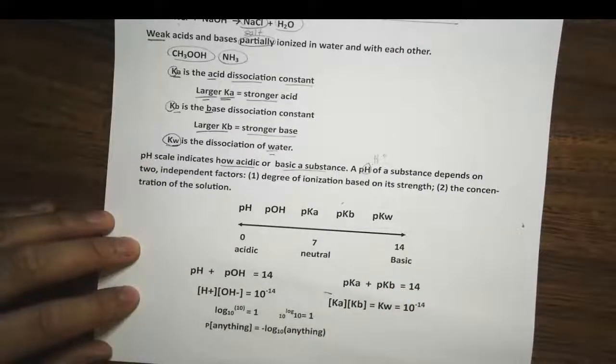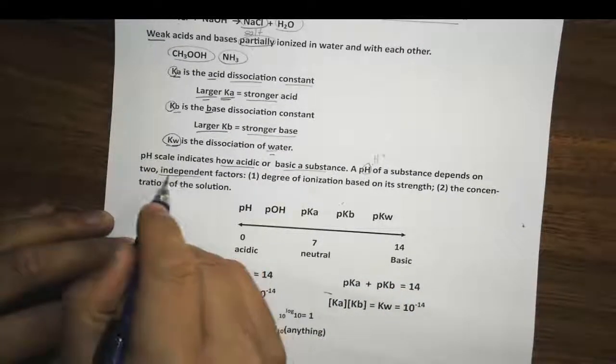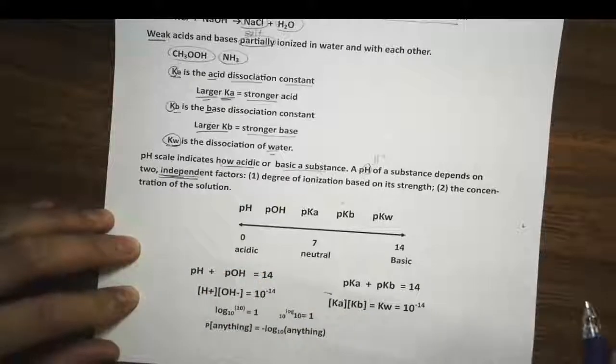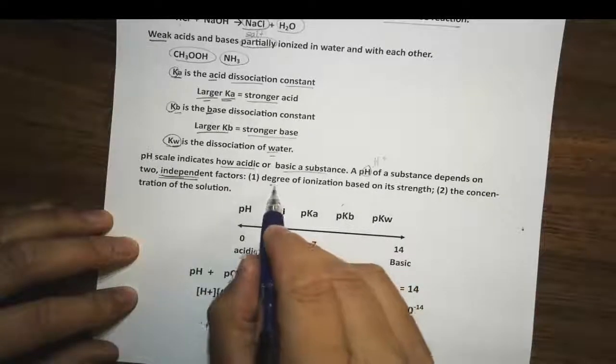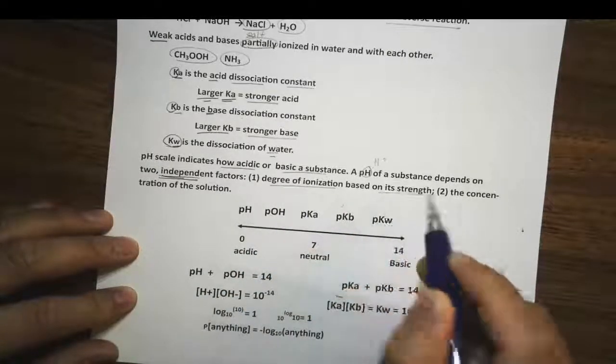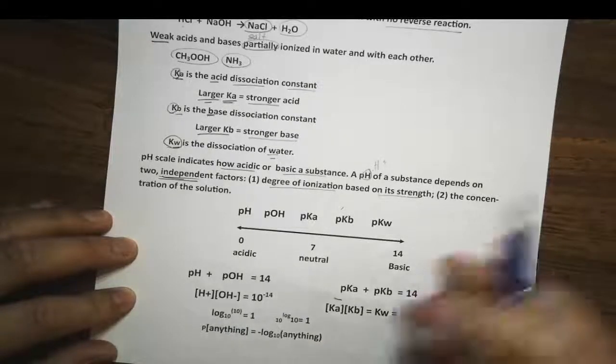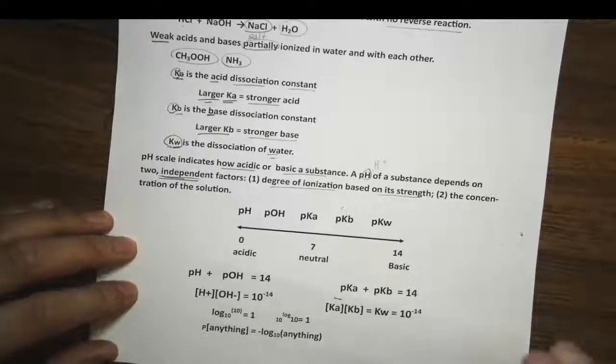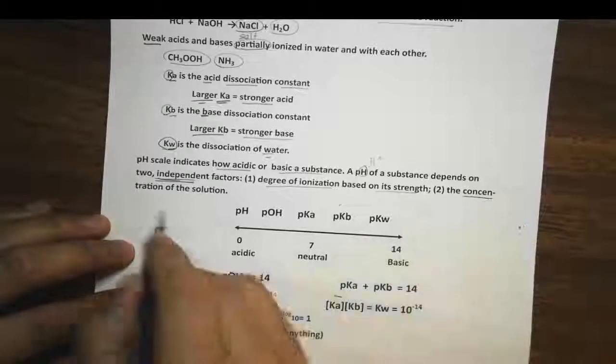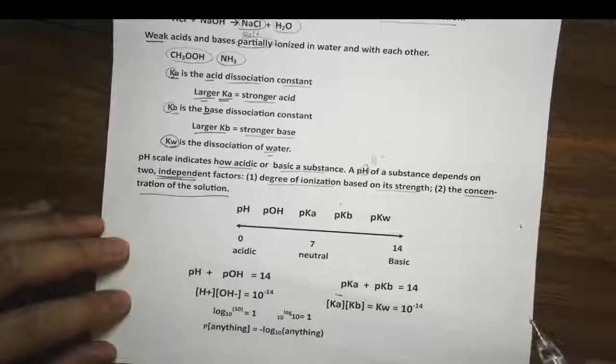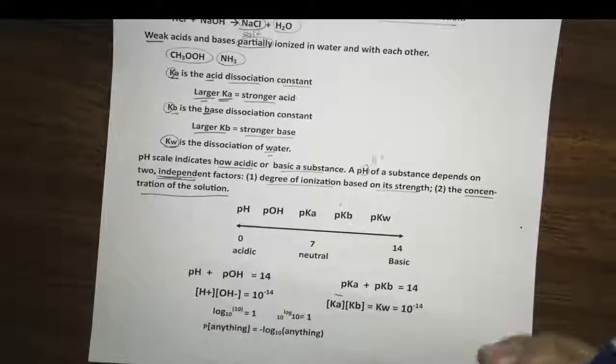Well, the pH scale depends on two independent factors, and that's very important. The first one is the degree of ionization based on its strength. The stronger acid is ionized completely. But here's another factor: the concentration of the solution. You can have a strong acid and put it in a lot of water, and that solution is not going to be anything dangerous.